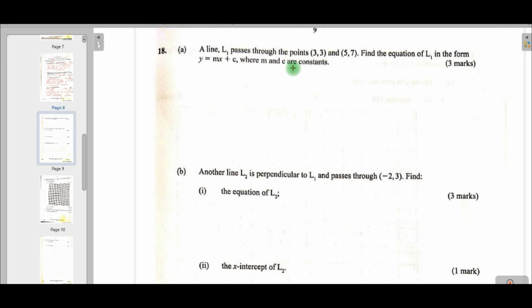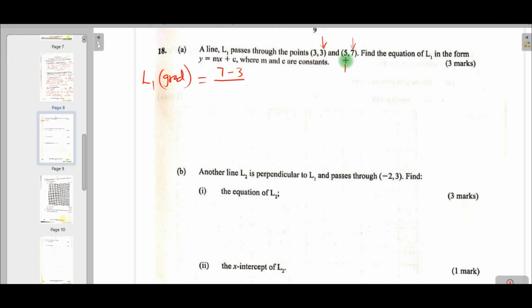The first thing we need to do, we have been given 2 points of L1, and therefore let us find the gradient of L1. So the gradient of L1 will be given by the change in y. So we have 7 minus 3, that is the change in y coordinates.